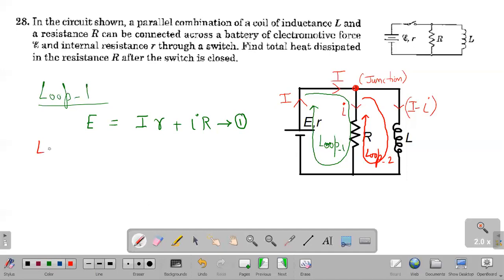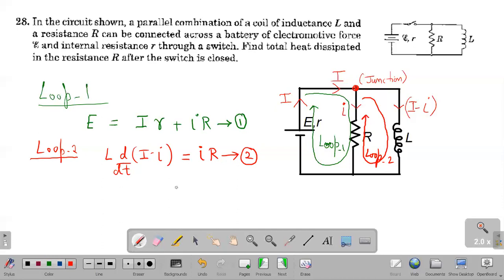The equation for this loop number 2 will be L d over dt of (capital I minus small i) is equal to small i times capital R. This is in accordance with the Kirchhoff loop equation, or in other words, you can say that capital R and the inductor L are in parallel combination, so their potential differences are equal.